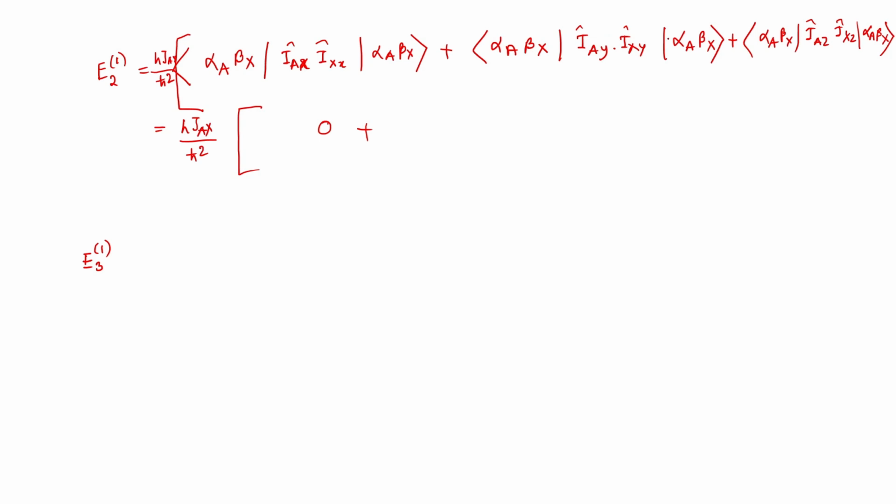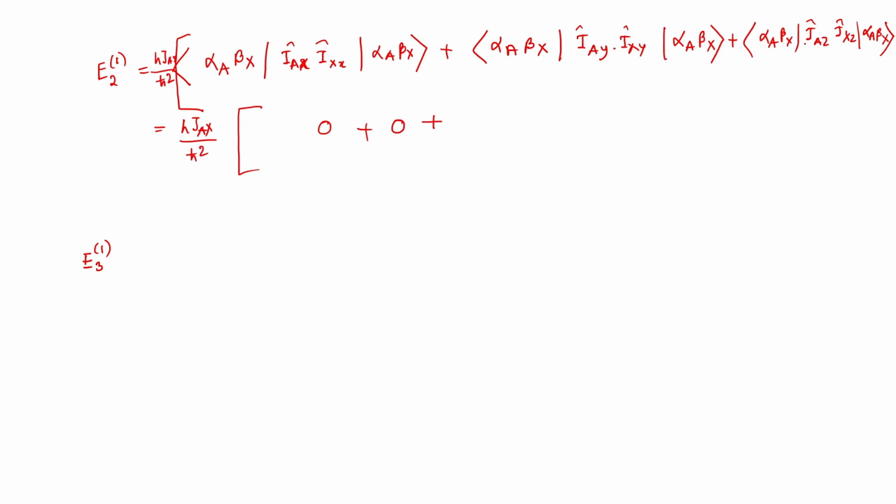Then inside this a y, I y working on alpha a is also going to give me some value, not an eigenvalue, because that was not an eigenvalue equation, right? Because it is going to give me beta a, and from here I x y working on beta x is going to give me alpha x, right? So eventually that is not an eigenvalue thing, and I will get 0 from there.